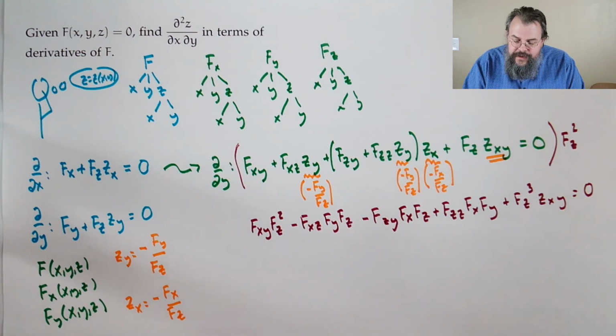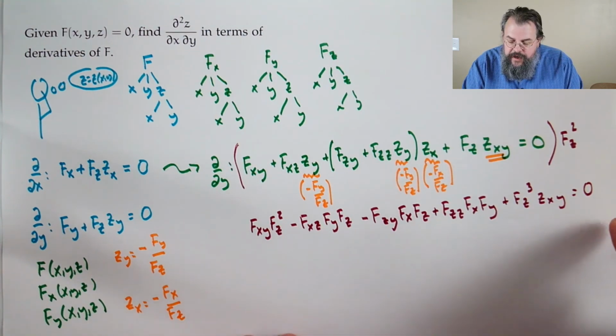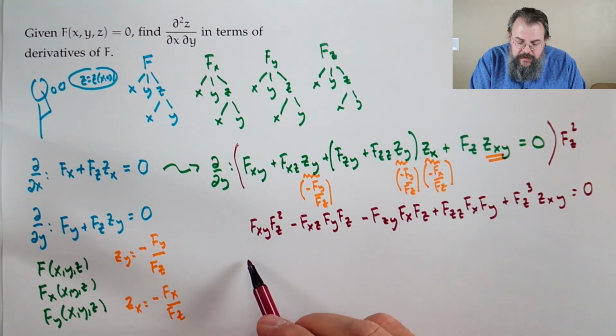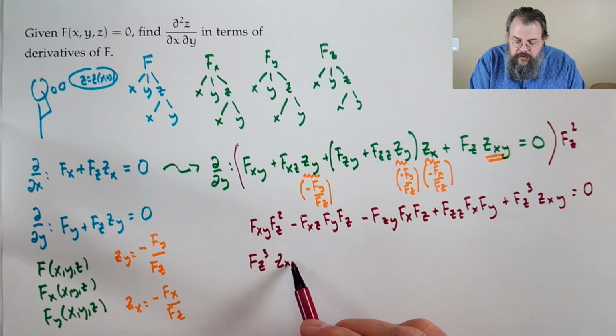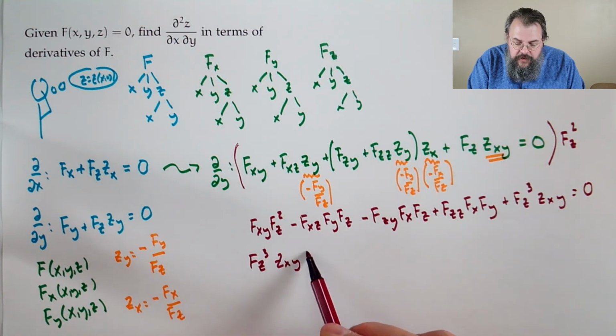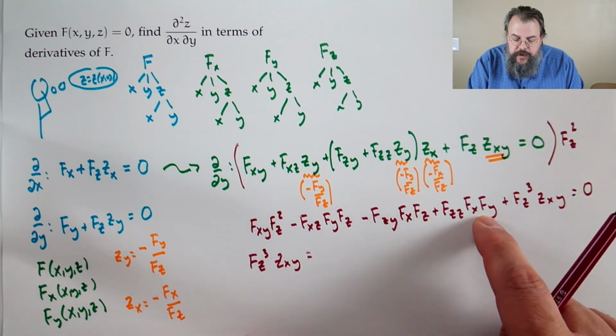So the last thing to do, let's move these terms across. And so we can say, hey, fz cubed times zxy is equal to, and then we're moving all these four terms across.